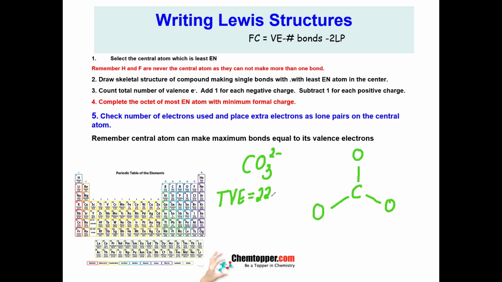How many oxygens are singly bonded? How many oxygens are doubly bonded? Only 1 oxygen is doubly bonded. Oh, see, 2 minus. Is it 24? Yeah, it is 24.